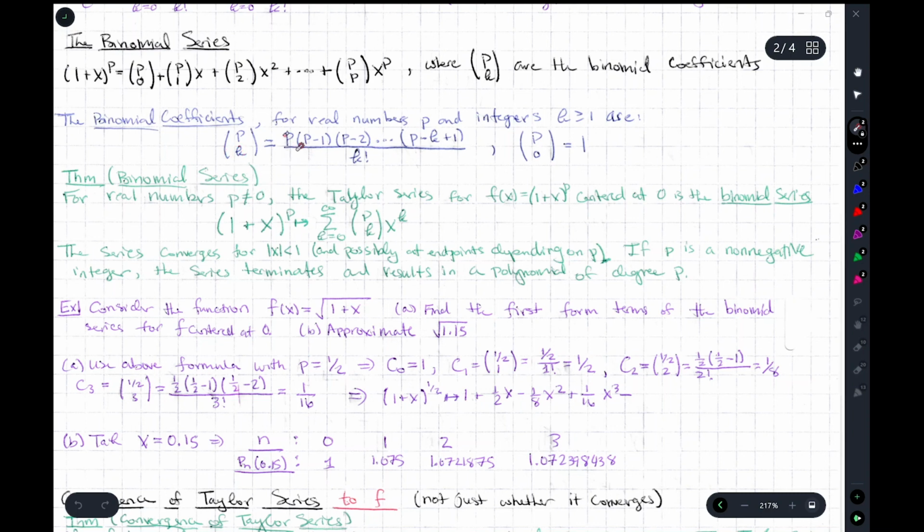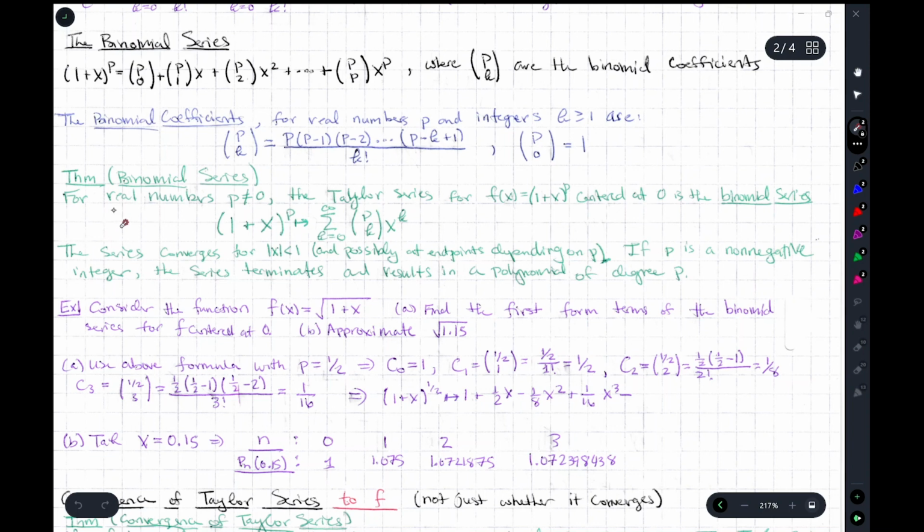You'll write out p, p minus 1, p minus 2, and keep increasing what you subtract until you're subtracting out k minus 1, which gives the last factor p minus k plus 1. So that's how that works. And keep in mind that when k is 0, you just get 1.